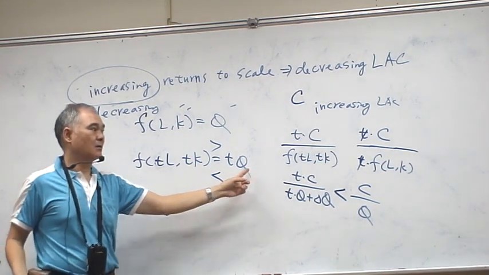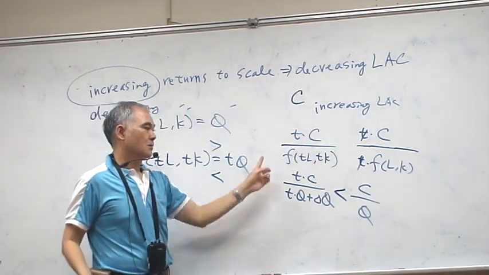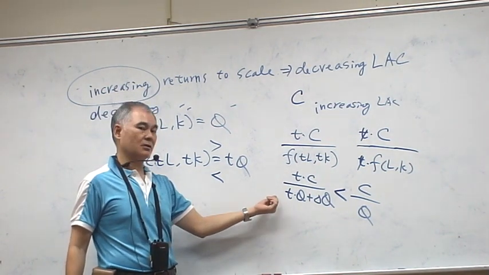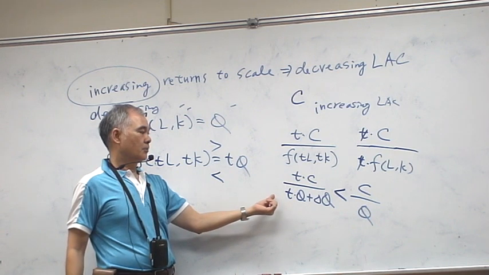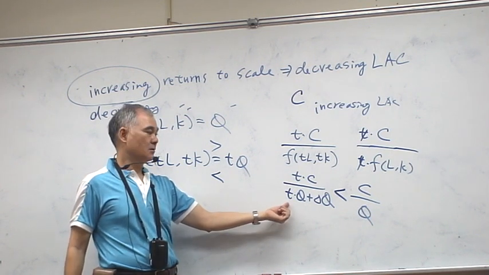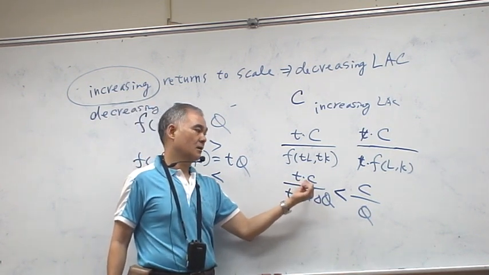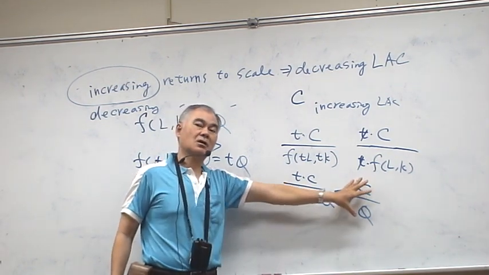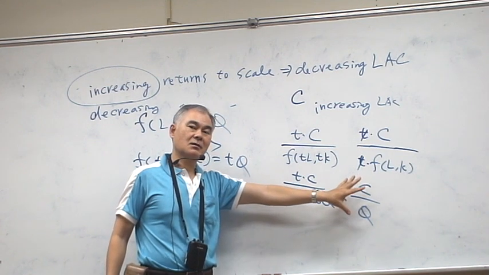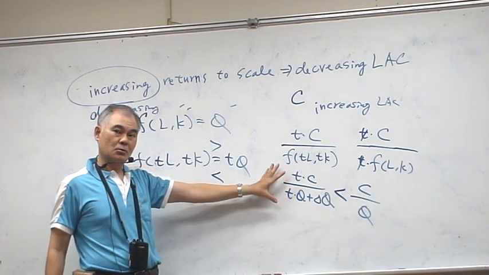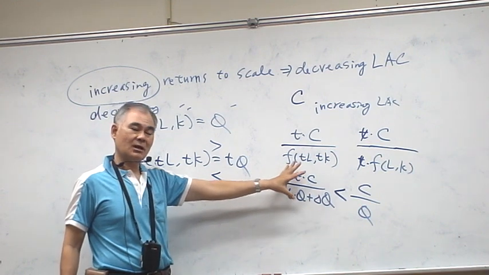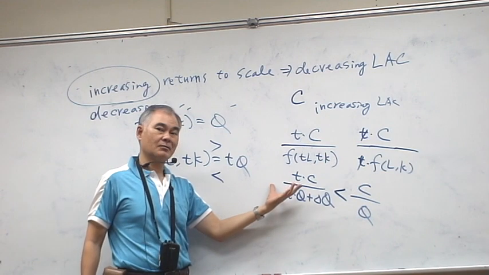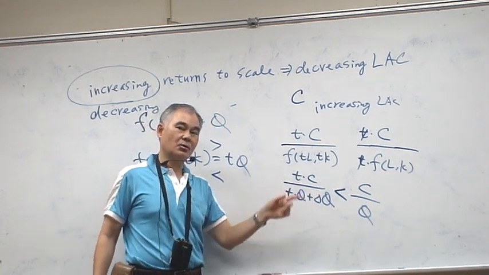From this algebra, you can see that you have increasing returns to scale because the production level you get is more than t times. And so because of that, the cost is actually going down. This is the original average cost, and this is the new one, when you put t times L, t times K. After you put t times L, t times K, you get the cost going down, right?